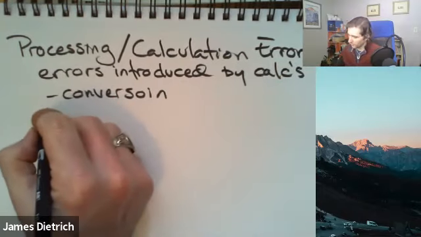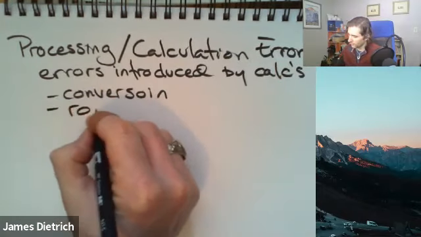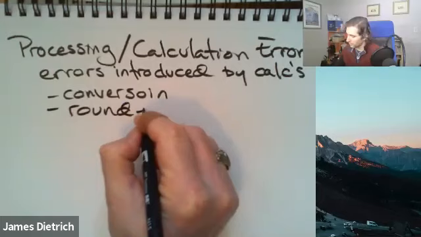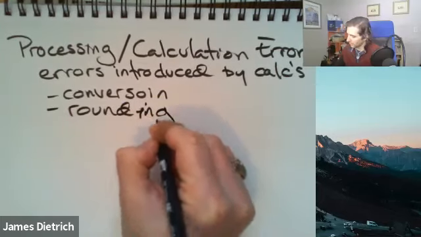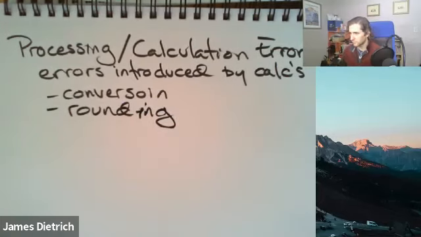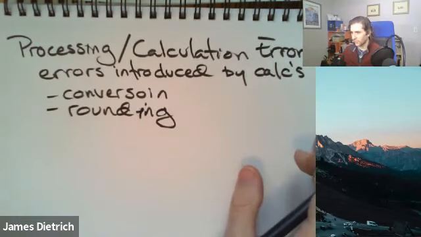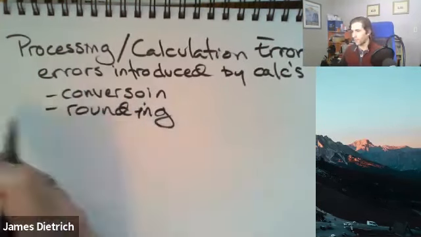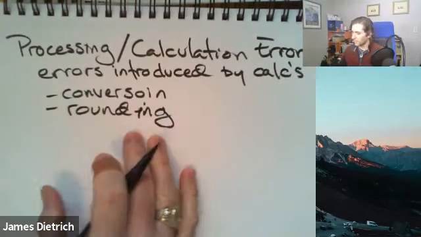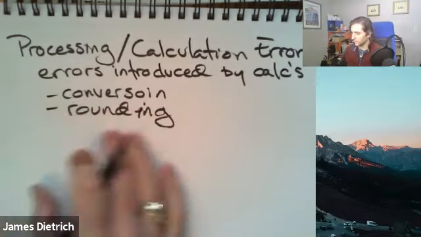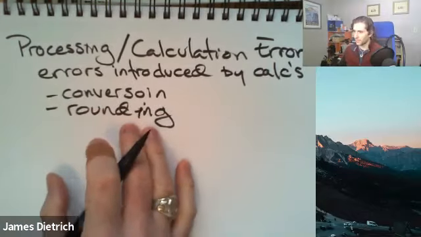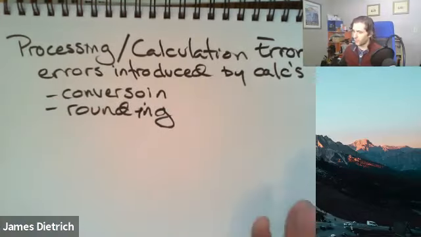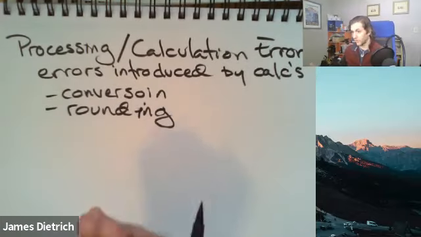Another source of processing or calculation error, which is a big one, is rounding errors. If you have a big long decimal and you truncate the number of decimal places, or round up or round down on a number, that's going to induce a certain amount of error because you're leaving out part of the measurement, or you're physically changing the measurement.